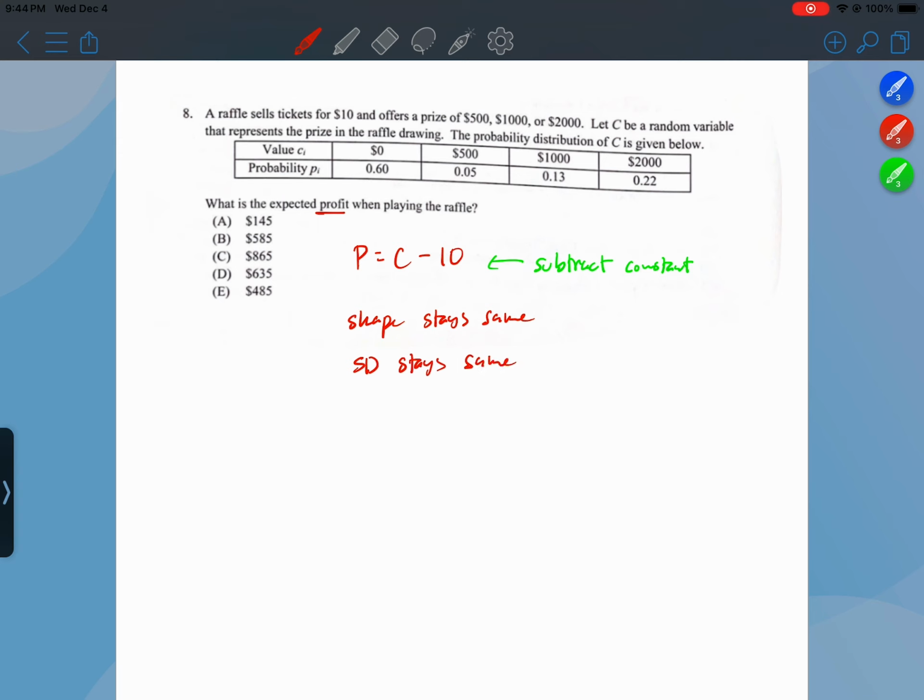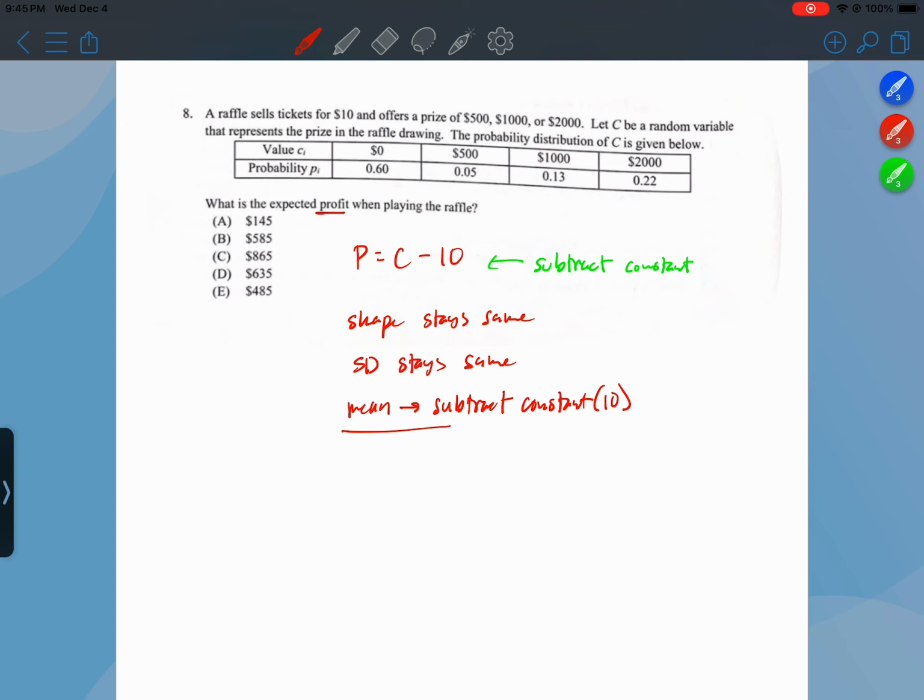Because subtracting just shifts the distribution left or right. The mean, aka the expected value, needs to be subtracted by the same constant. In this case, we need to subtract 10 from the old mean.